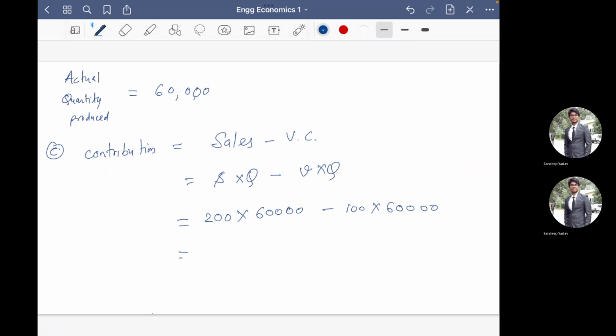The whole thing will give us 60 lakh. Contribution will be 60 lakh rupees.